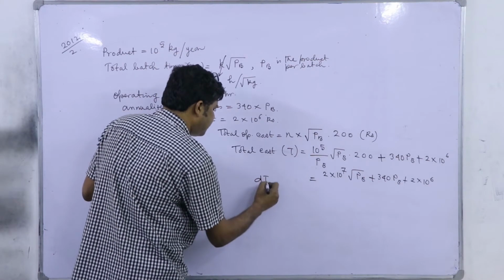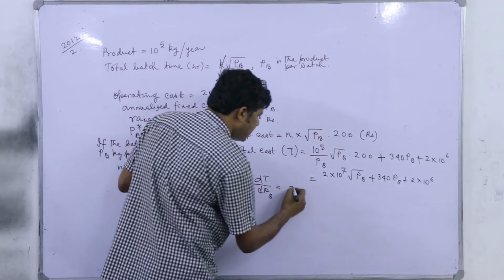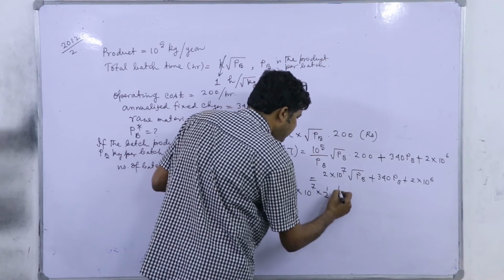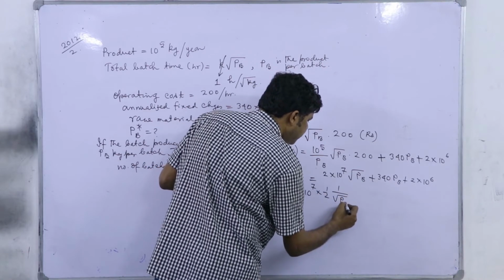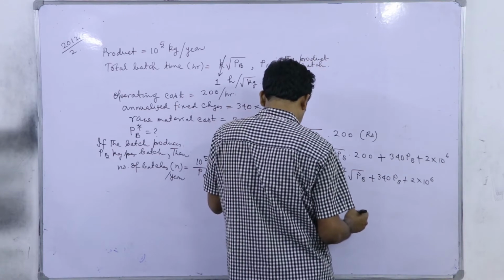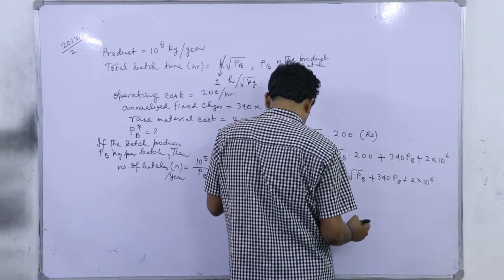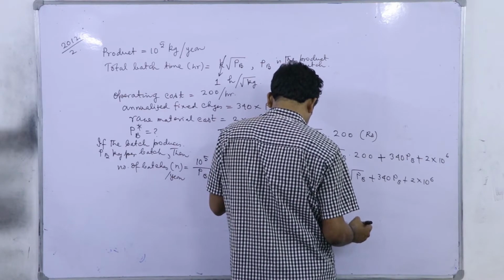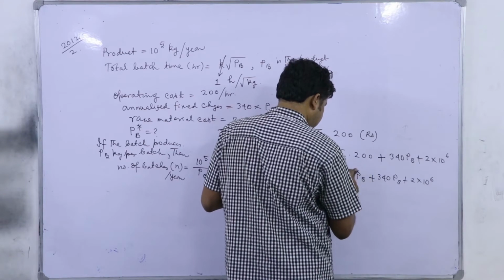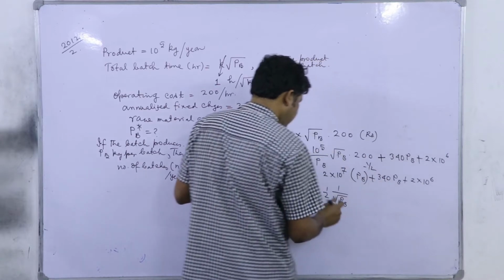So, dT by dPB is equal to 2 into 10 to the power 7 into half into 1 by PB, sorry, here this is not under root, this is minus half.